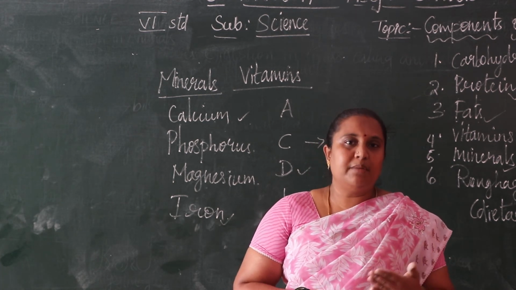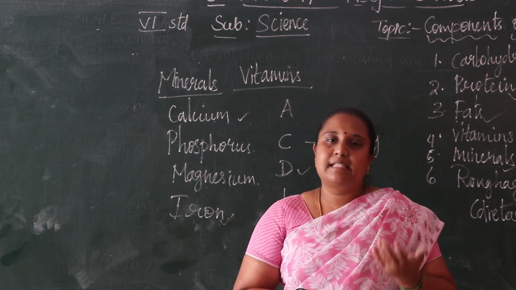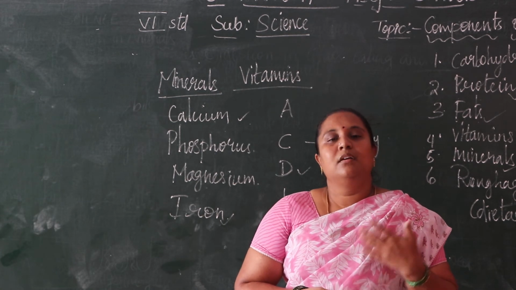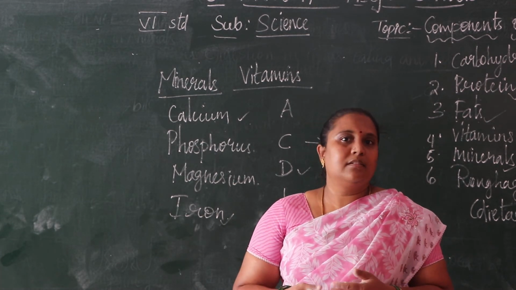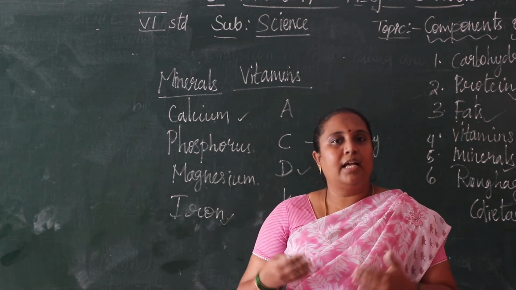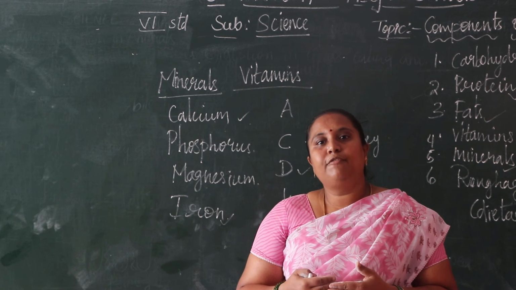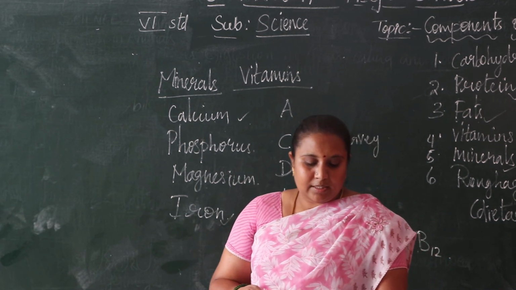Some vitamins and proteins being less causes skin diseases, loss of vision, stomach ache, headache and the like. Based on the food items, we get the diseases. Understood, children?